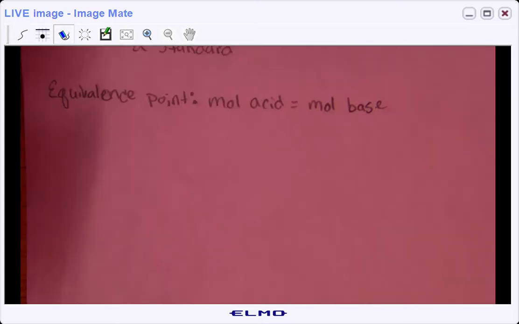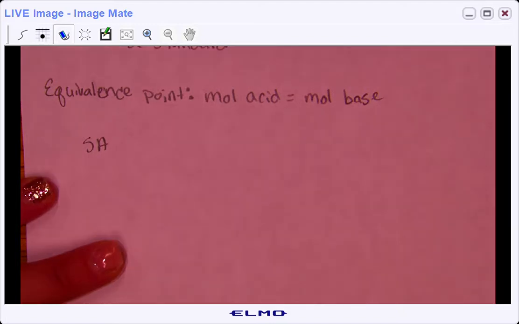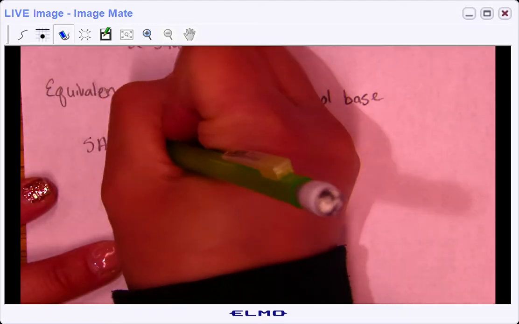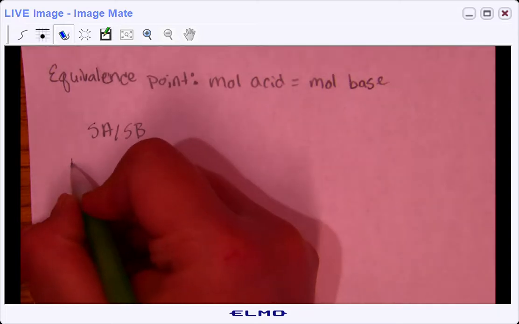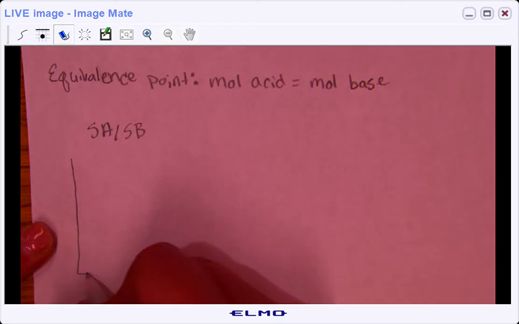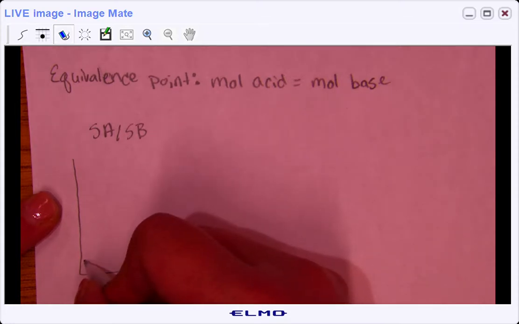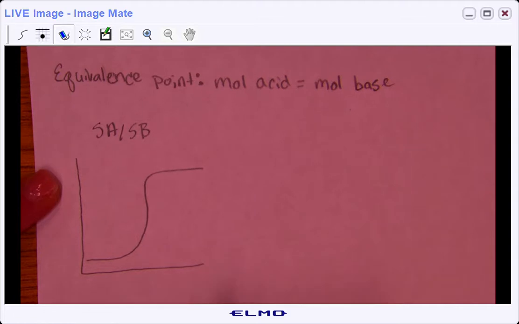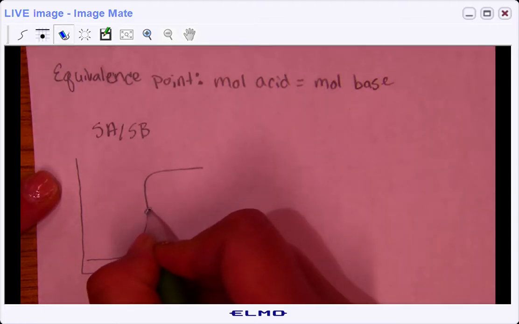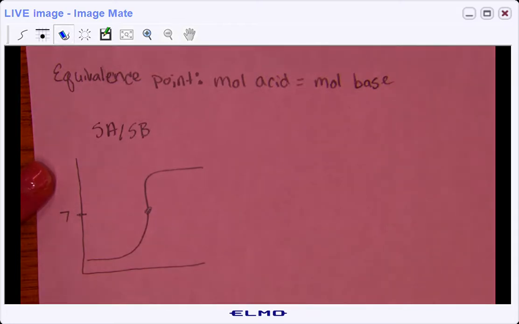If we were to mix a strong acid, which I'm just going to write SA for strong acid, with a strong base, which I'm just going to write SB, we're going to end up with a titration curve that looks something like this, where the equivalence point will have a pH of 7.